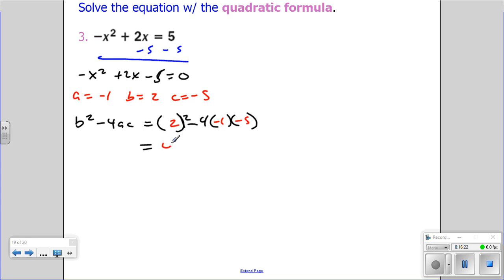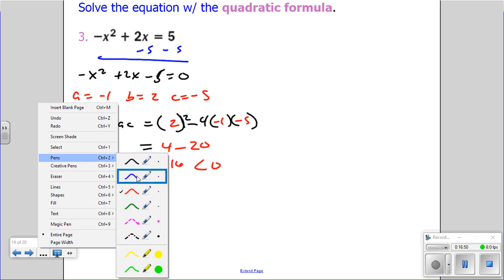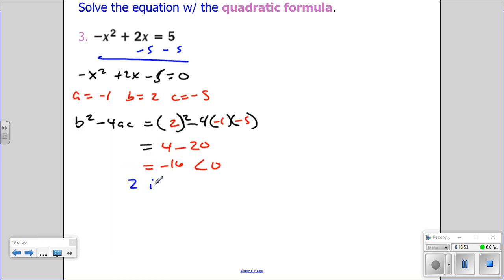All right, 2 squared is 4. 4 times -1 is -4. -4 times -5 is a positive 20. 4 minus 20 is -16. So -16 is less than 0. So that means this will have two imaginary solutions.